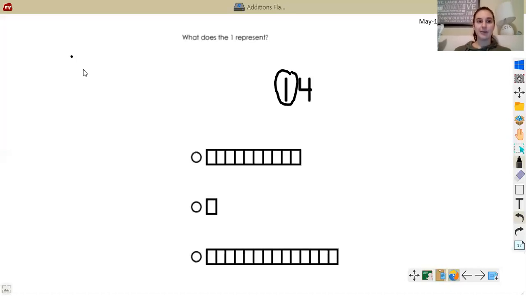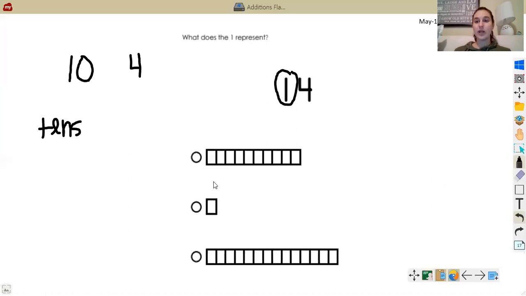Remember, if I have the number 14 and I were to take away that 4, so move that 4 away, I would expose the 0 and see that it says 10, which tells me that the 1 is in the tens. So 1 tells me it's tens.